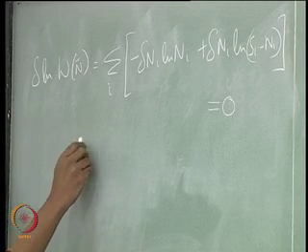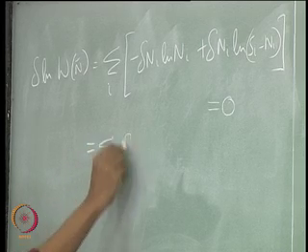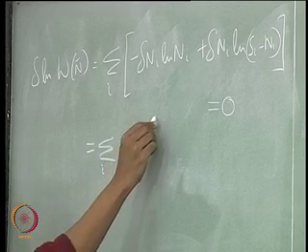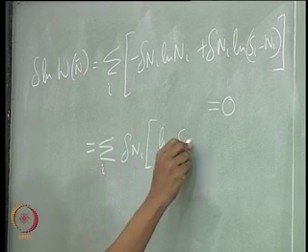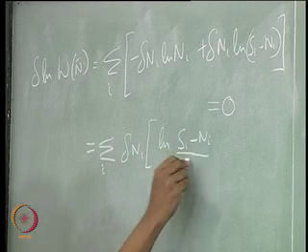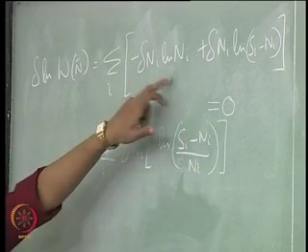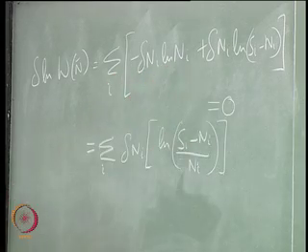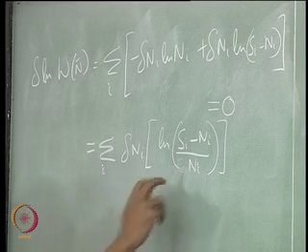Or to simplify even further, we will simply write it as sum over i del ni of ln Si minus ni by ni. Since this is a minus ln ni, the ni can go to the denominator, so we end up with this. So under the condition of maximum, this sum is equal to 0.